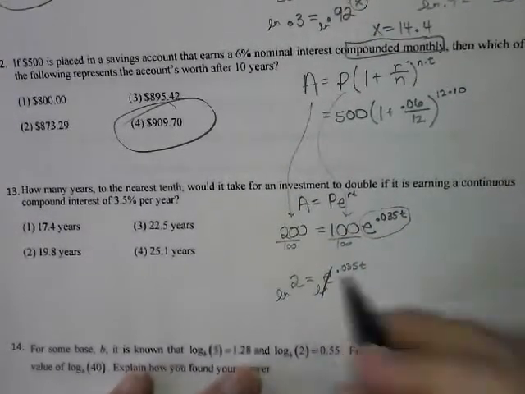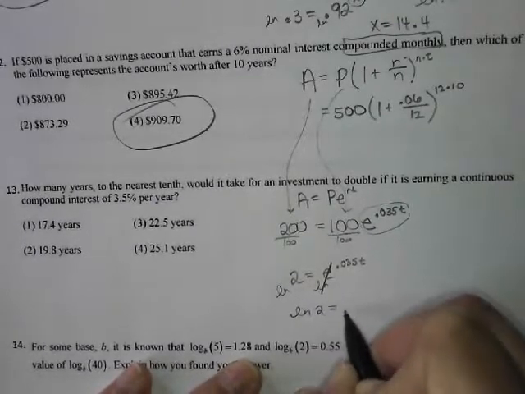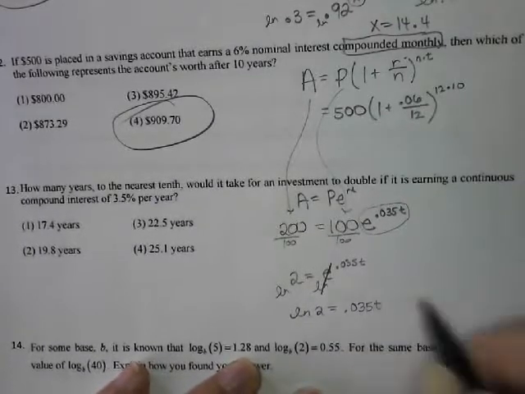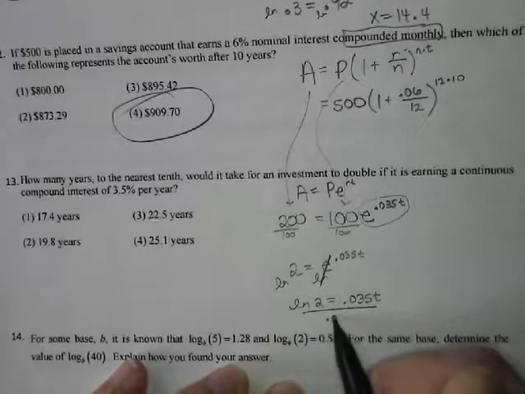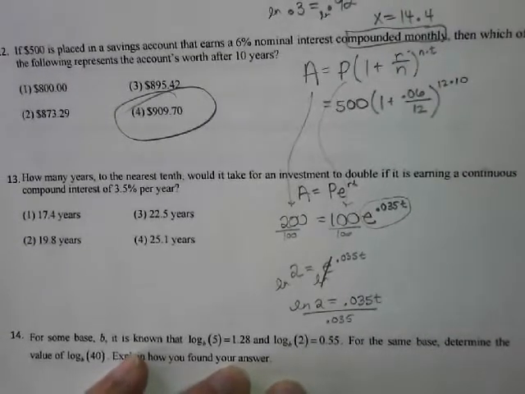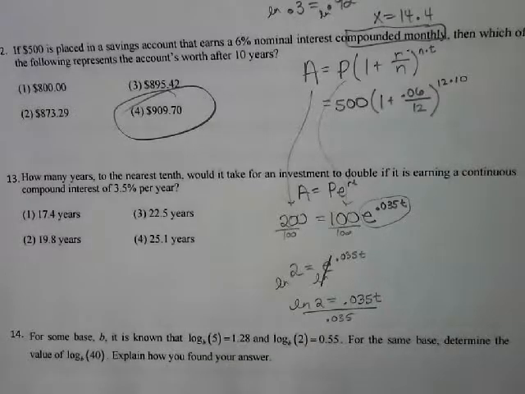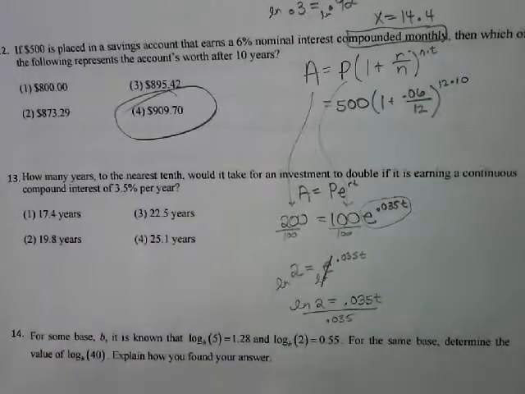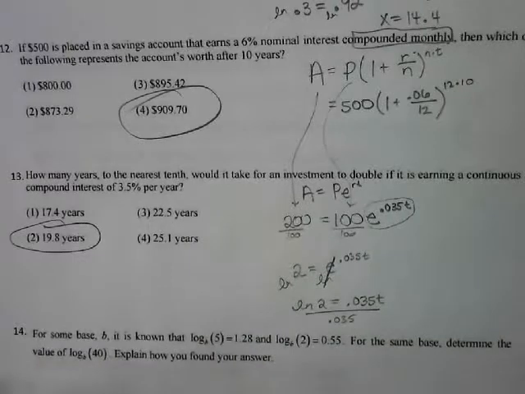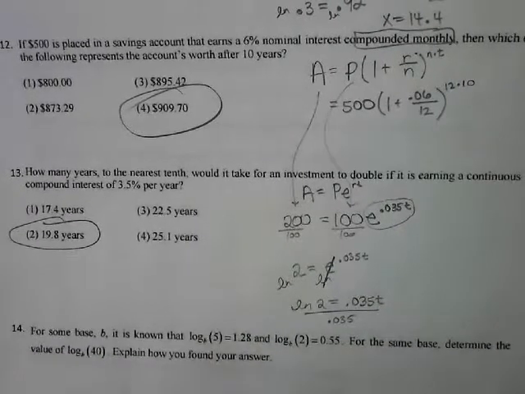And so we just have the natural log of 2 equals 0.035t and divide both sides by 0.035. So the natural log of 2 divided by 0.035 gives us 19.8. And it says the nearest tenth, so that's option 2. Are we good? Okay.